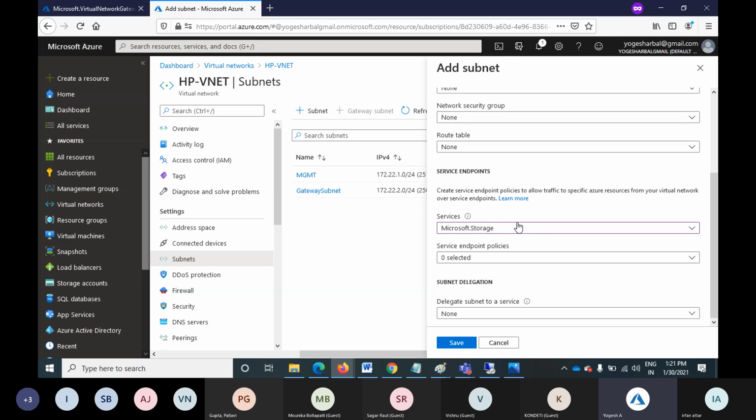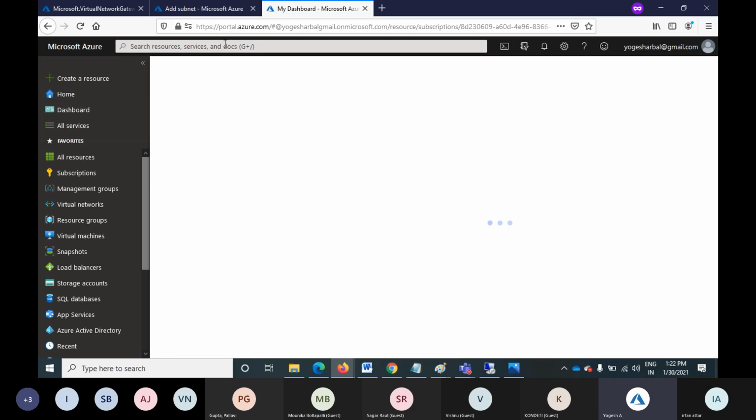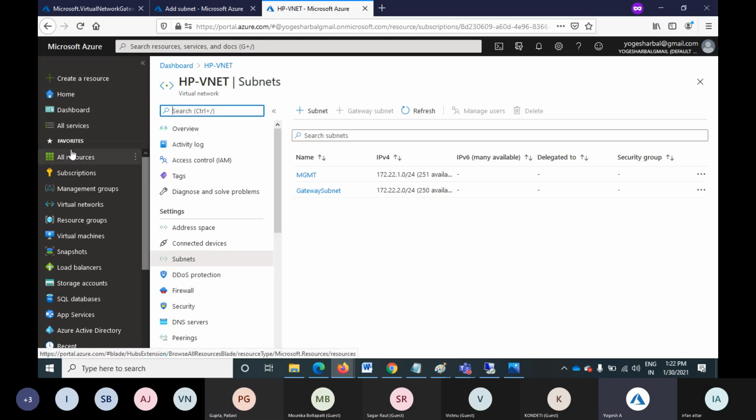Okay, so when you select your storage account, you need to select the storage account name as well, but currently we do not have any storage, so let's create one storage account for your understanding. We will not discuss any option from the storage account, so I will simply use the default options during the storage account creation.